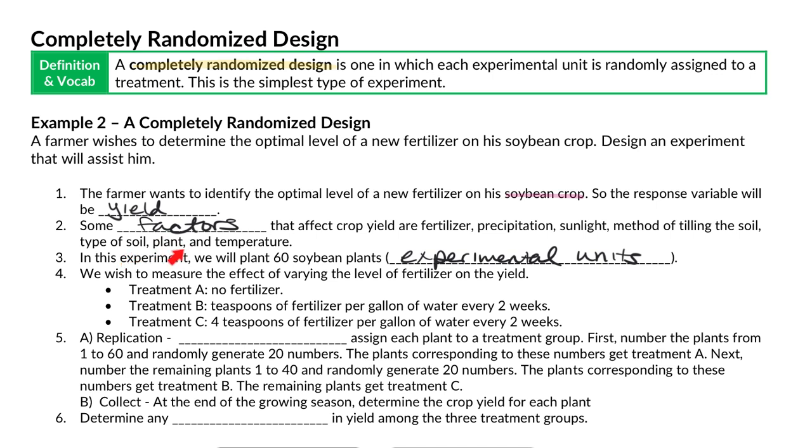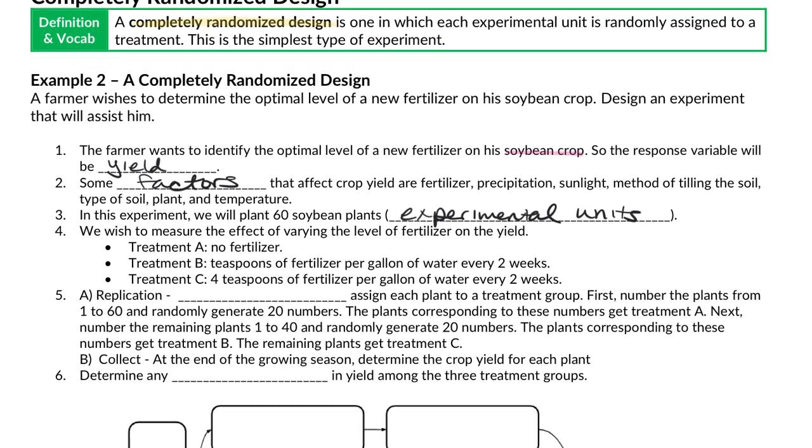The plant type, we already know the differences in, and we'll keep them to be the same type of plant, a soybean plant. And temperature, we can't really control the temperature, but again, since they're in the same plot, we can say they all have the same temperature. So every factor has been controlled except for fertilizer, because that's what we're giving treatments to.